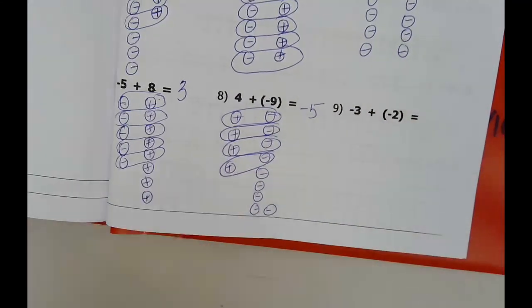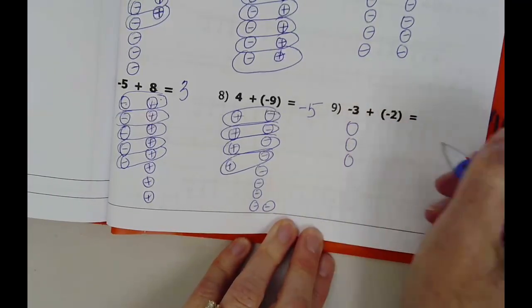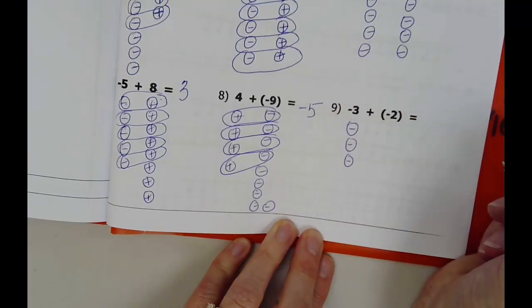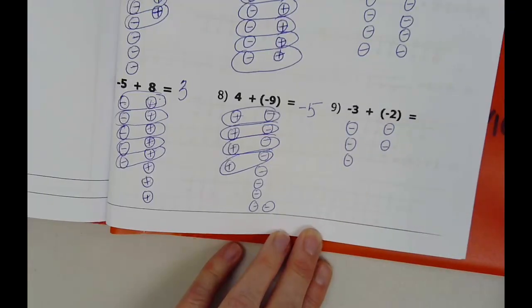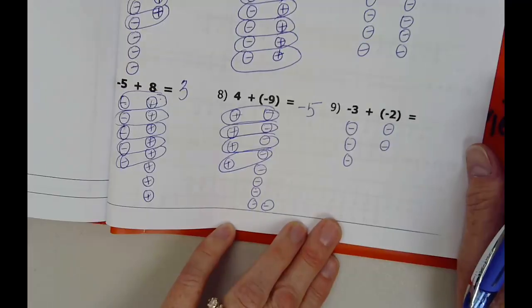All right. And for the last one, number 9, what does it look like? Janila, what am I going to draw? Okay. How many 0 pairs? None? What's my answer then? Any 0 pairs?